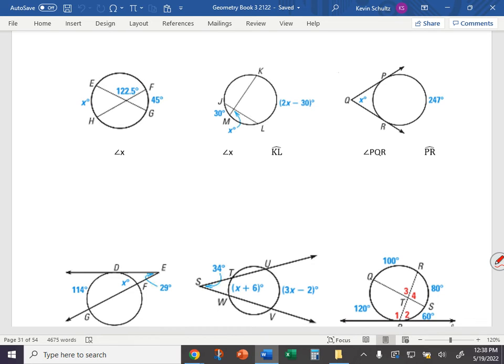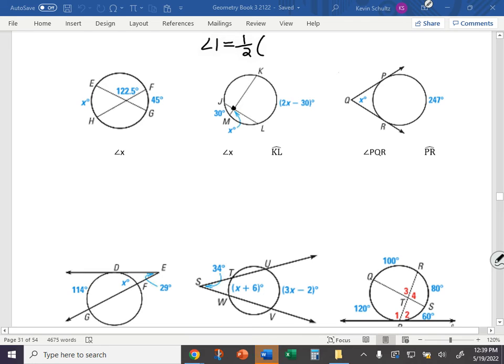So what do we know? In this particular situation, we have our vertex inside the circle, which means that's the chord-chord combo, right? And the formula for the chord-chord combo is angle 1 is equal to 1/2 the sum of the associated arcs.